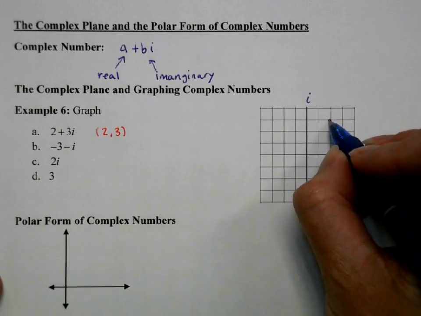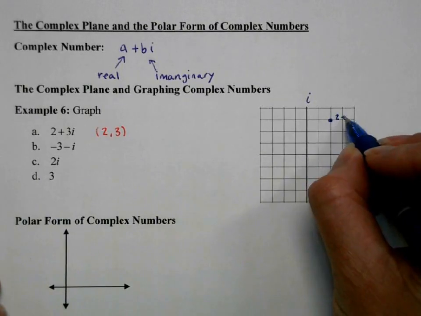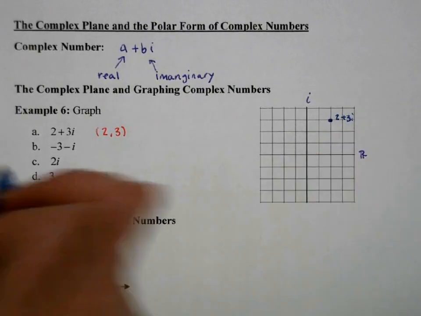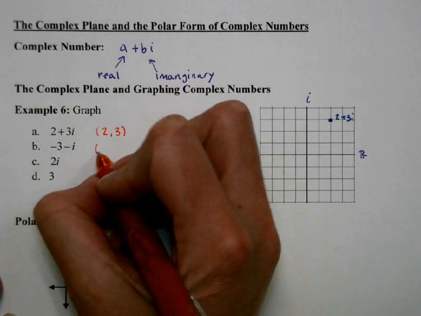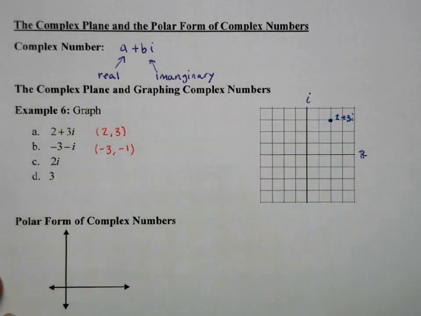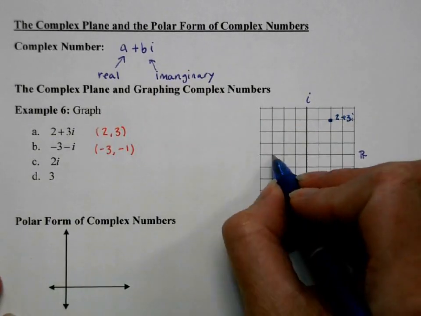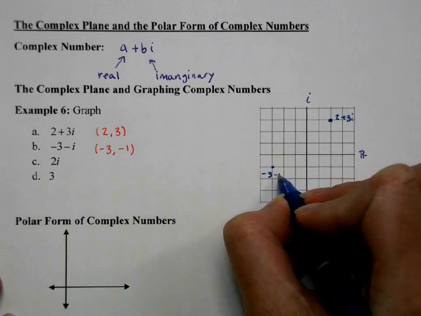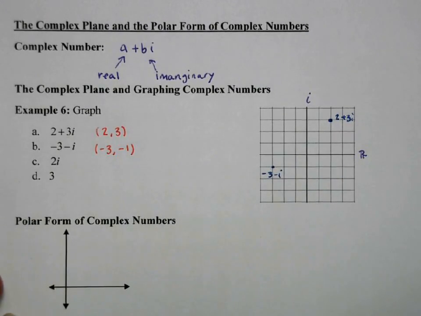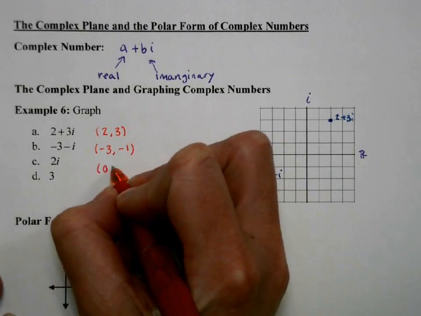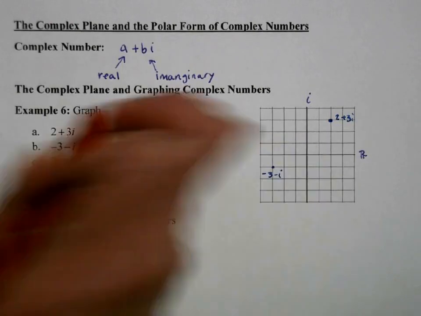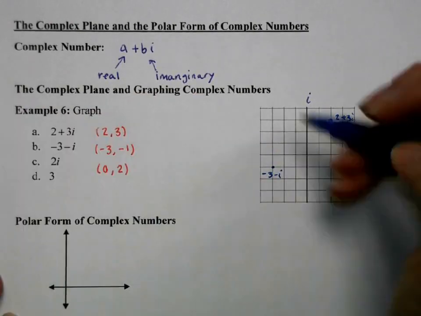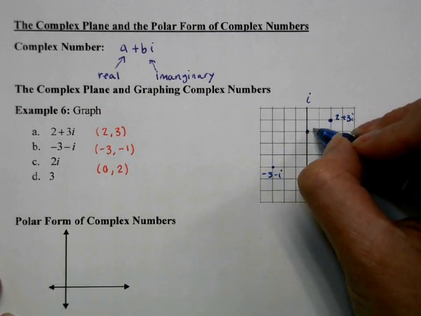This is going to behave like the coordinate negative 3, negative 1. This is going to be like the coordinate 0, 2. So we're going up 2 on the imaginary axis. And then this would be the same as 3, 0.